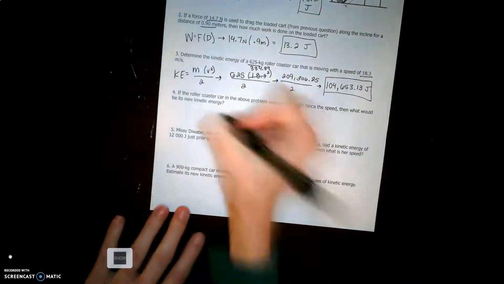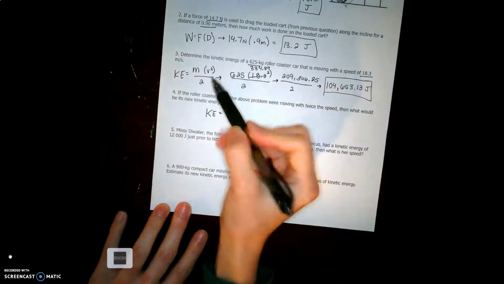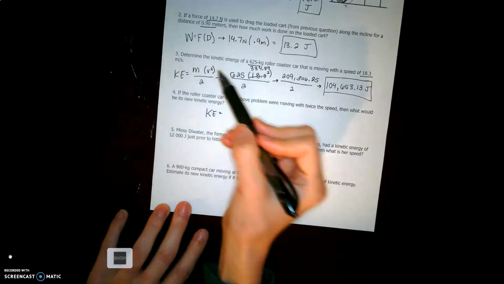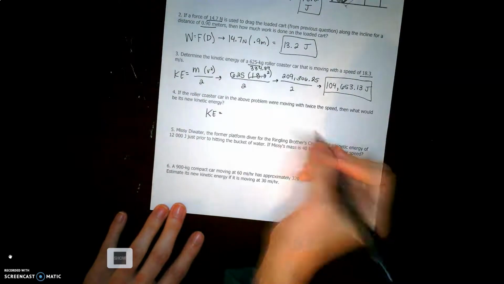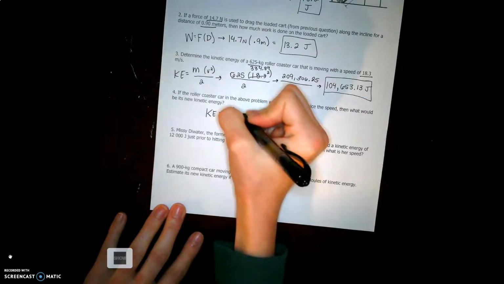Number 4, if the roller coaster in the above question were moving twice the speed, what would be the kinetic energy? Like we said in the notes, you can either double the speed, so 18.3, and you double that, or you know that if you double the velocity, you will get 4 times the kinetic energy. So you're going to multiply that kinetic energy by 4.